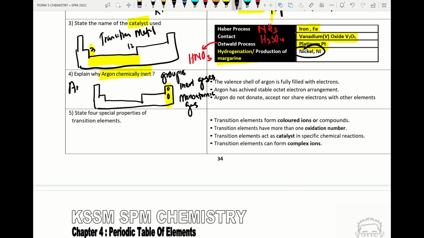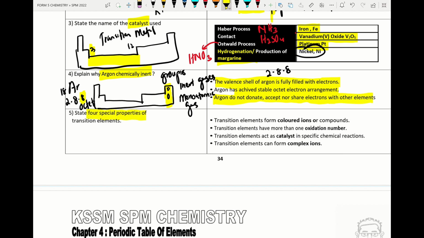For example, argon, the proton number is 18, so the electron arrangement is 2.8.8. Argon has achieved stable octet electron arrangement. So how to explain this one? The valence shell of argon is fully filled with electrons, so this is 2.8.8, right? And argon has achieved stable octet electron arrangement. Therefore, argon does not accept, share, or donate its valence electrons to other elements.